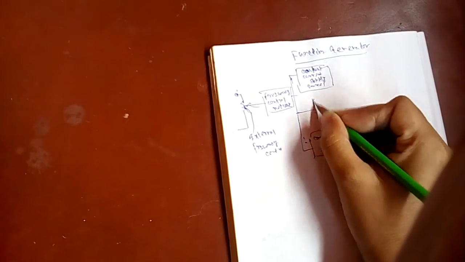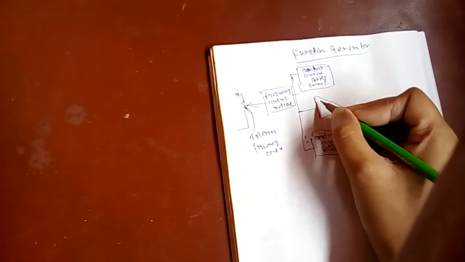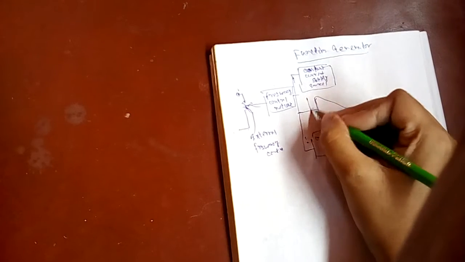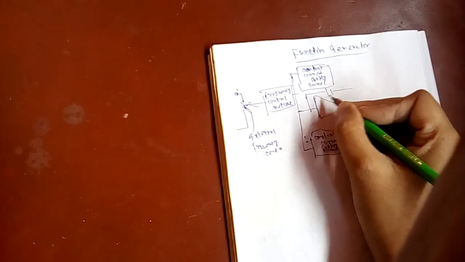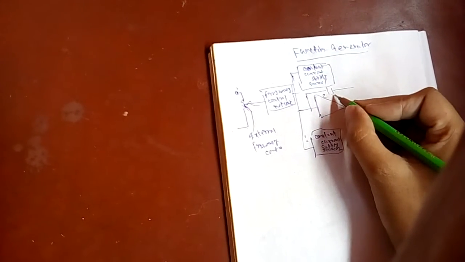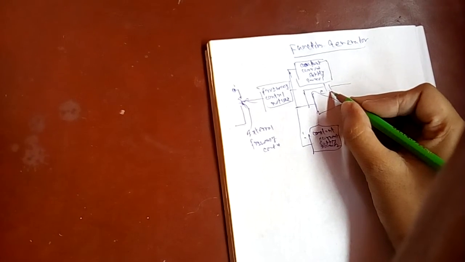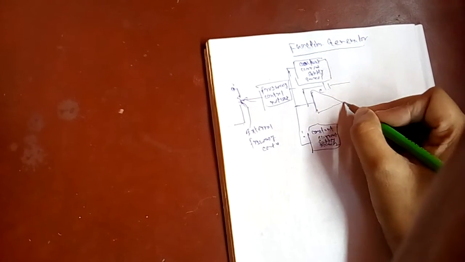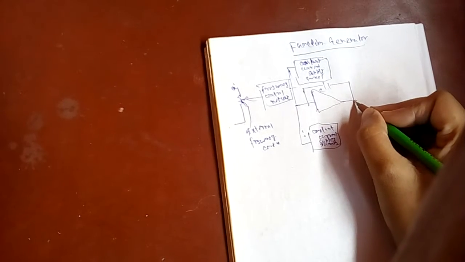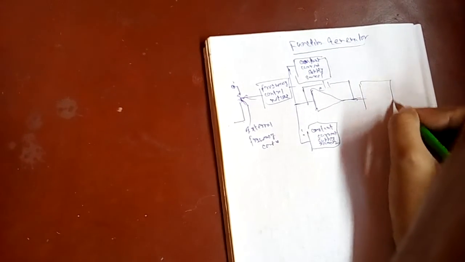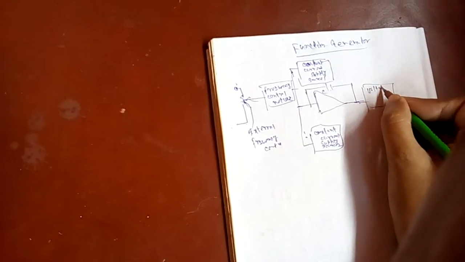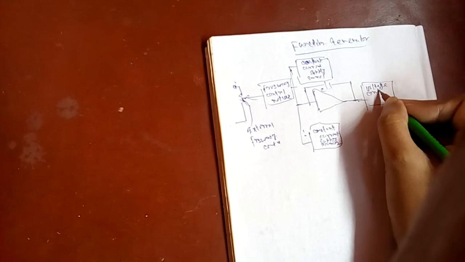It is connected to an integrator. For the integrator we use an op-amp as an integrator, where the feedback resistance is replaced by a capacitor, in comparison with a differentiator. Then it goes to a voltage comparator.